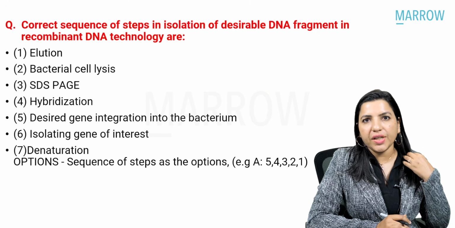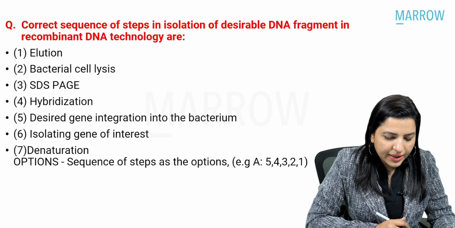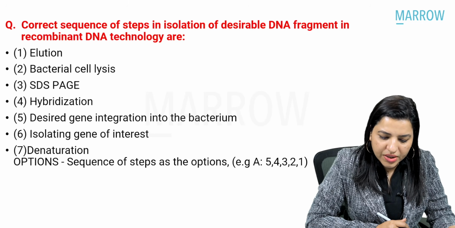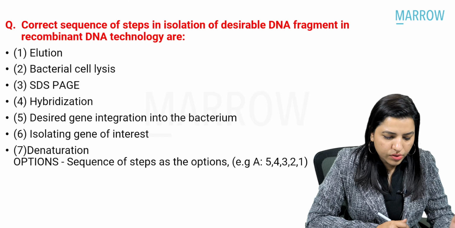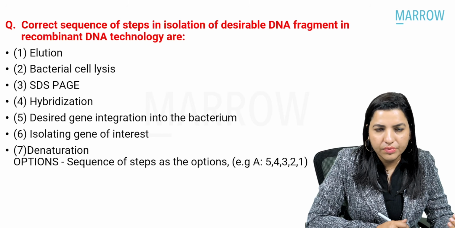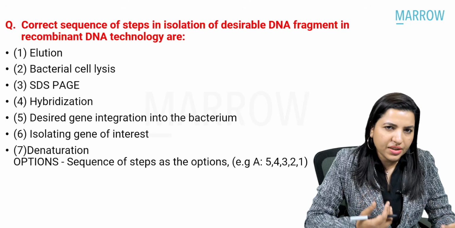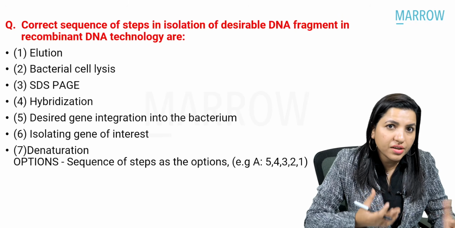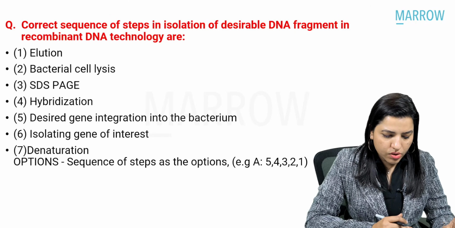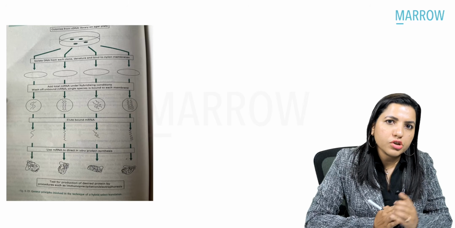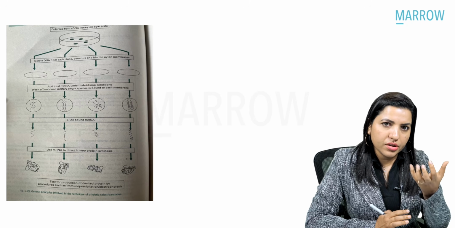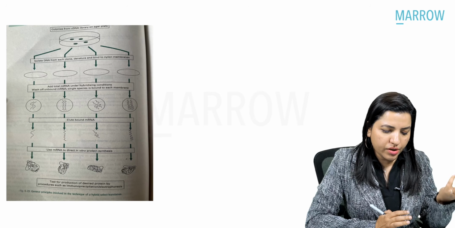Now this is also a very tough question. Correct sequence of steps in isolation of a desired DNA fragment in recombinant DNA technology. The sad part is that which technique they mean is not clearly mentioned in the question. So I will just give you a technique we use to isolate a DNA fragment after recombinant DNA technology.